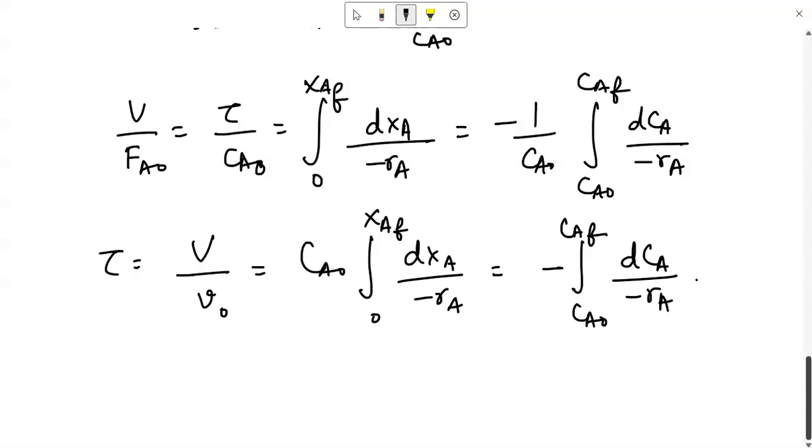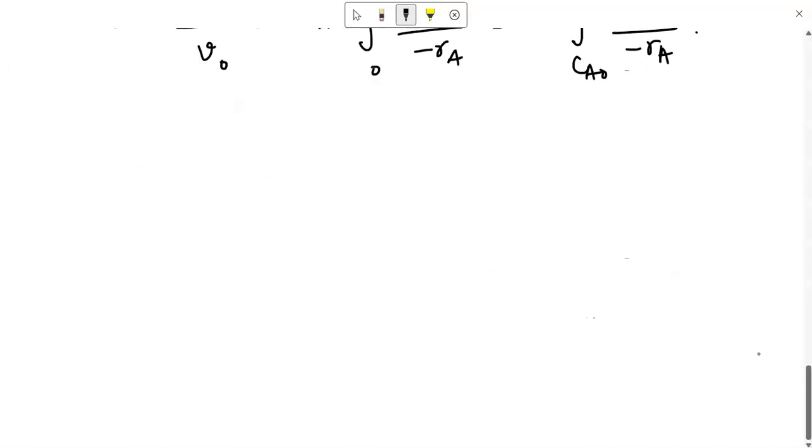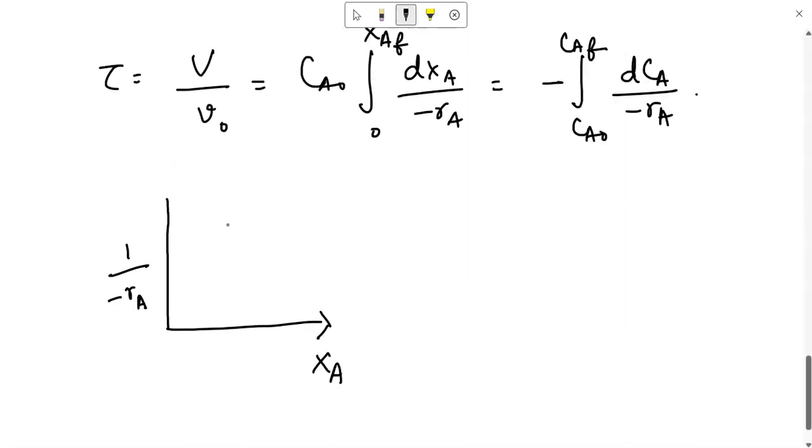Now, if you want to graphically represent these performance equations, how would you interpret them? For the graphical interpretation, on your x-axis you would plot the conversion, and on your y-axis you would plot the reciprocal of your rate equation.